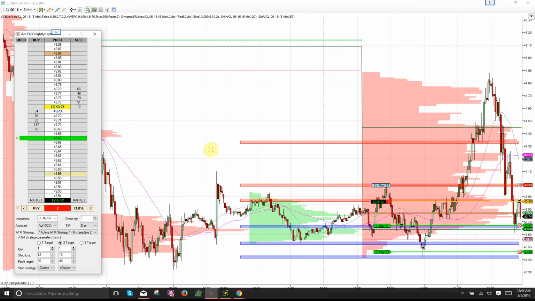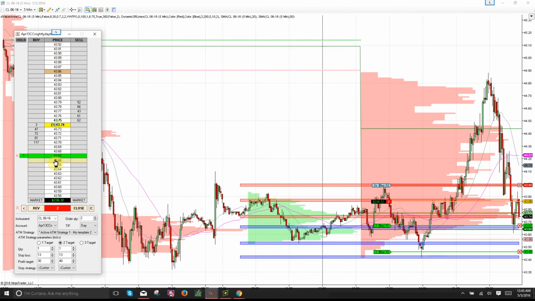So still the risk, obviously, you see my reward to risk is at least 2 to 1, right? My risk is still defined at about the 13 ticks above my entry up here, as you can see, the 43.99.